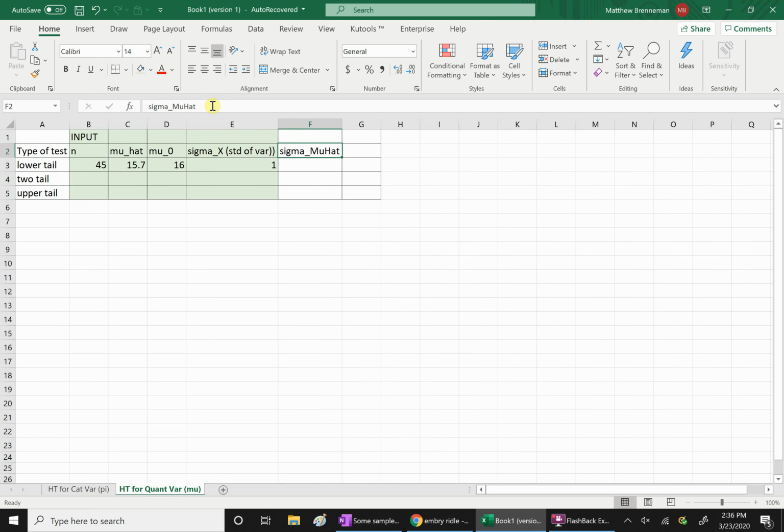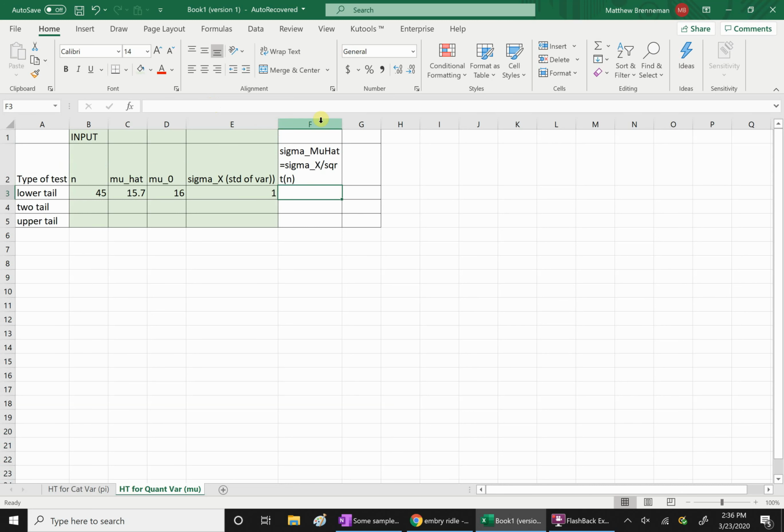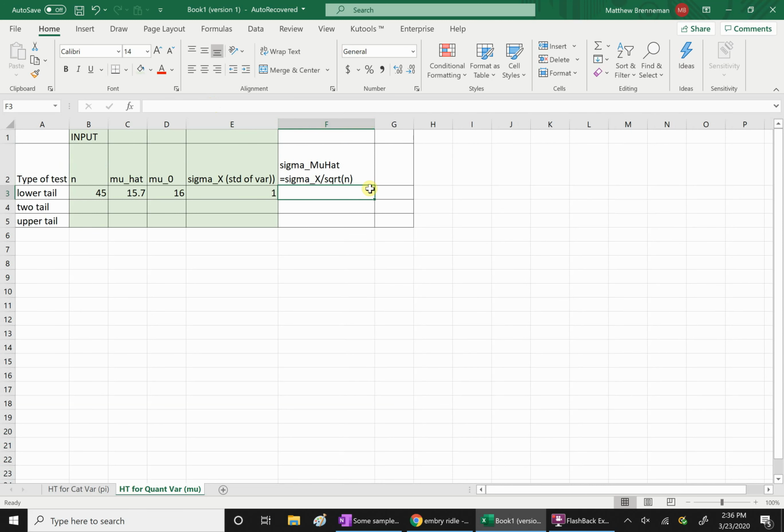So remember what this is. This is equal to sigma sub x divided by the square root of n. This is the standard deviation of our estimators. Okay. And this we get from the central limit theorem. So there's the standard deviation of the variable divided by the square root of the sample size.